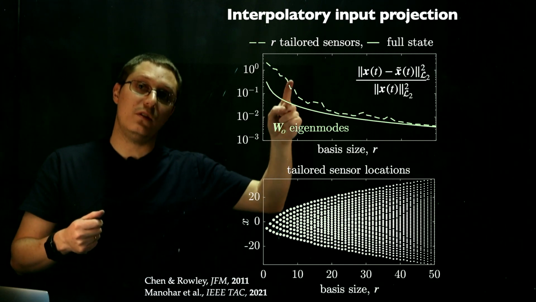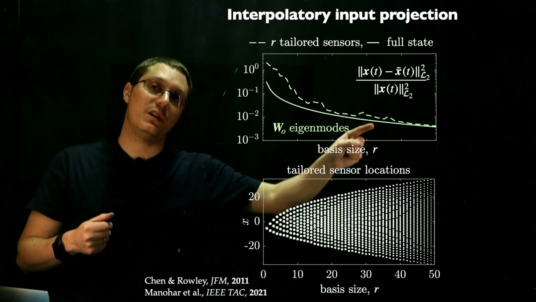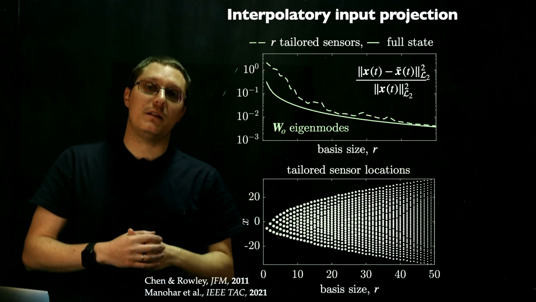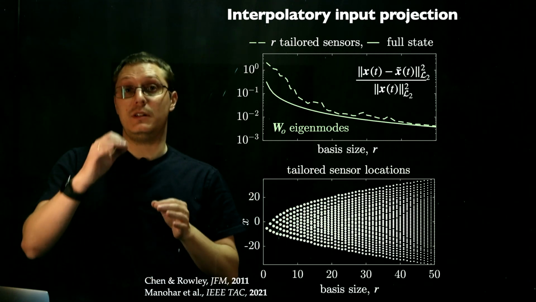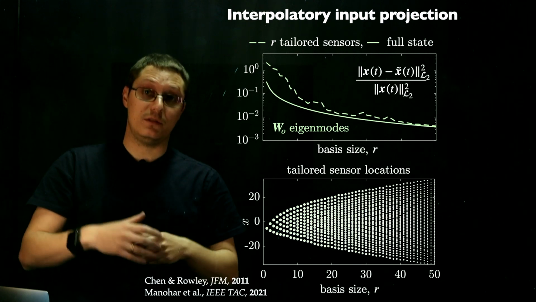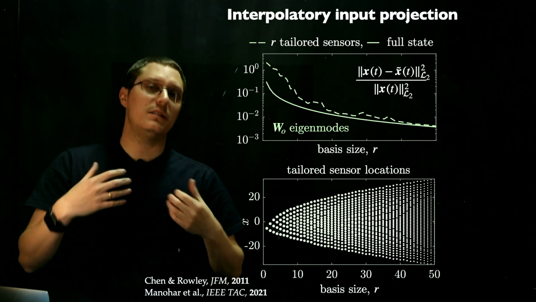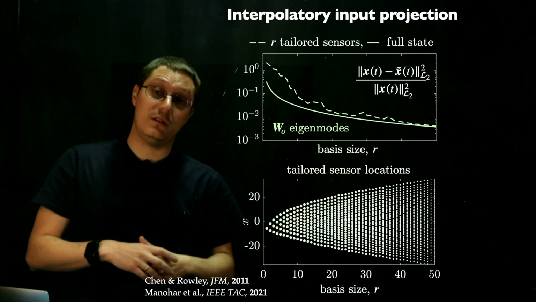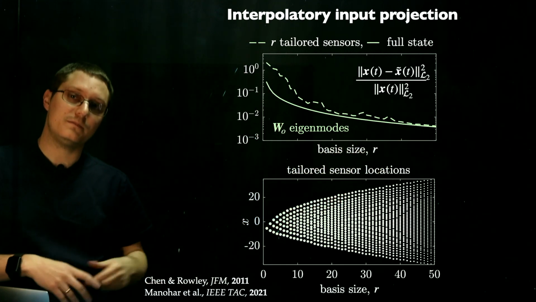Okay, so we follow the orthogonal projection quite closely, although we are only using the values of the actual inputs at a few locations. So we're doing this interpolatory projection, and we still get fairly close to the orthogonal projection.